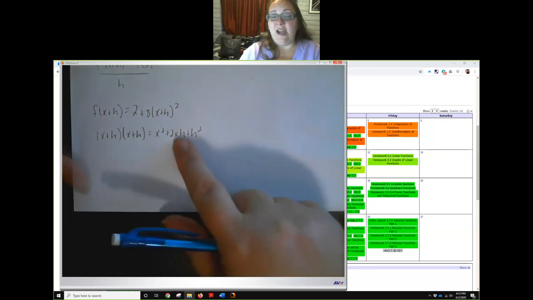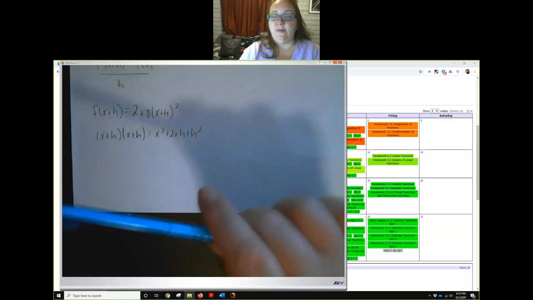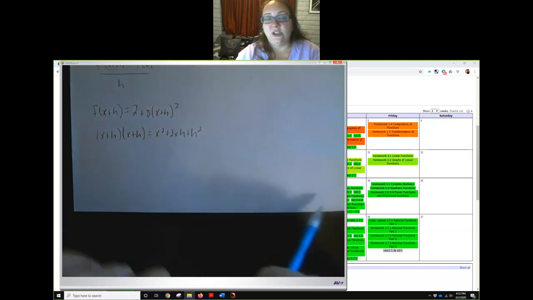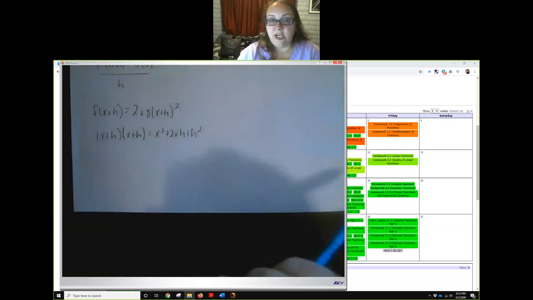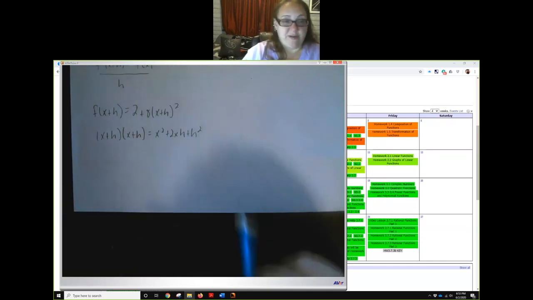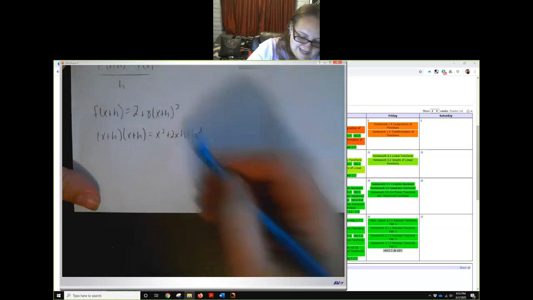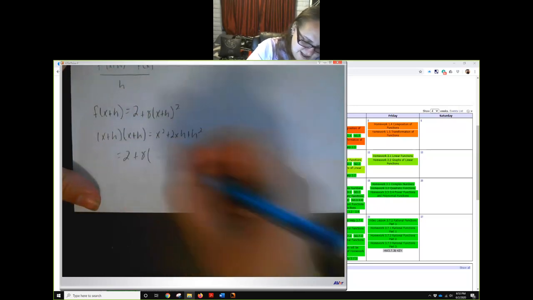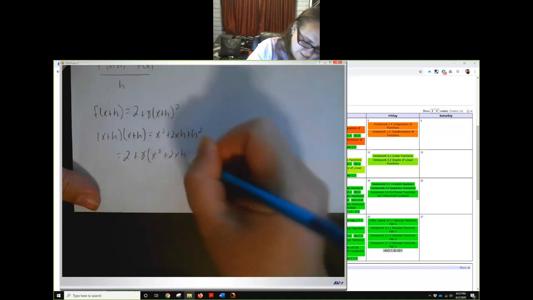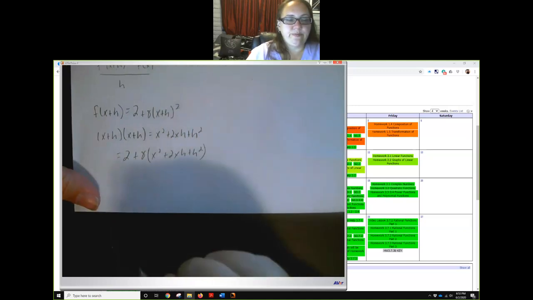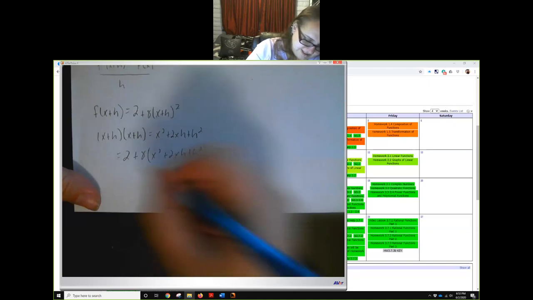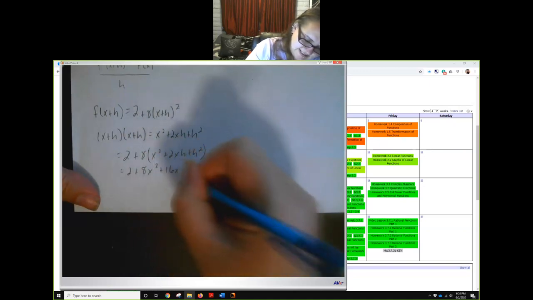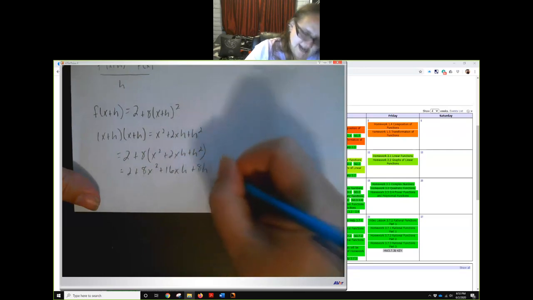I have that memorized because it's easier than doing this 4 million times, because you're going to see that it's going to be squared a lot. So it's helpful to just know that one. Then I take this and make that 2 plus 8 times x squared plus 2xh plus h squared, which is then 2 plus 8x squared plus 16xh plus 8h squared.